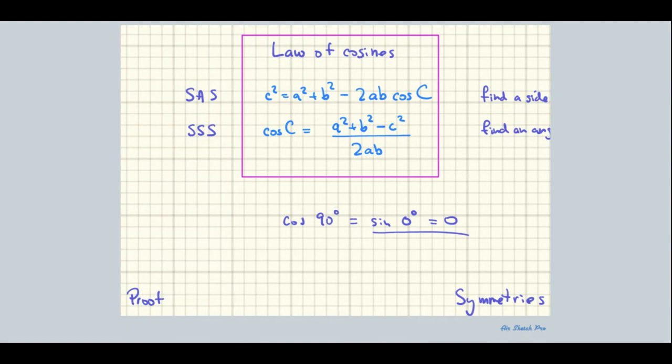There you go. And yeah, so in this case, if this was a right angle, 90 degrees, its cosine is 0, and what happens? We're back to the Pythagorean theorem.